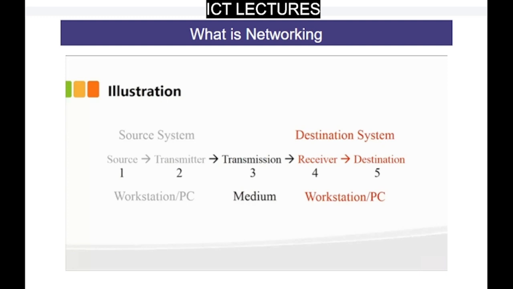In between, which is number 3, is actually the medium of transmission, cable, wireless, and so on. So just a simple workstation PC sending data from one to the other, and the middle is the actual medium of transmission. So I hope this helps.